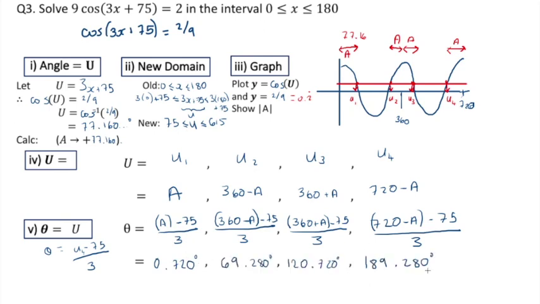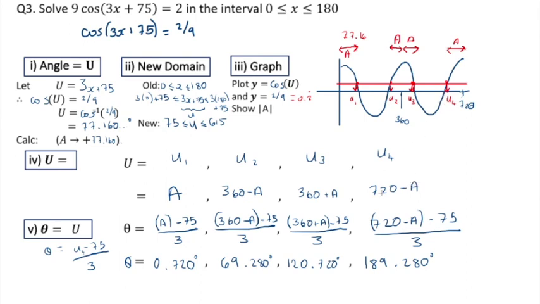Okay, so we've almost done, but we need to do one final check. So just to be sure, theta now equals all of these. We're checking our original domain. Do you remember we said we didn't know if this u4 was in front of 615 or after? Likewise, we could have seen from here that it wasn't. 720 minus a, that's 720 minus 77, that's going to be about 640, so it's definitely out of range.